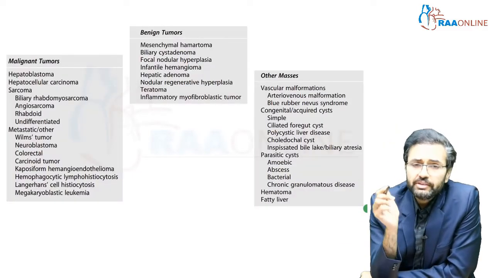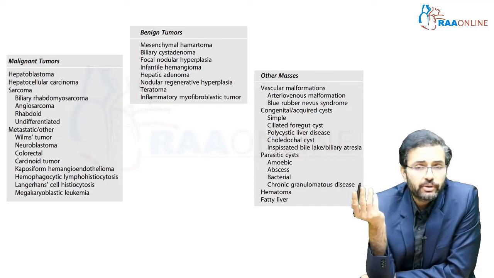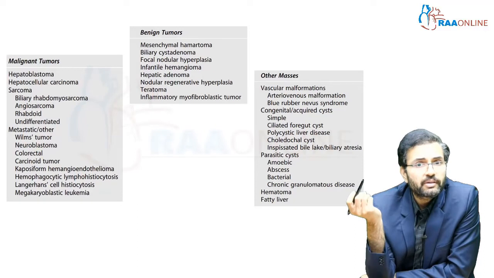Now, these are the various differential diagnoses of liver masses. You can see that around 15 to 20 differential diagnoses are there as far as a liver mass is concerned.